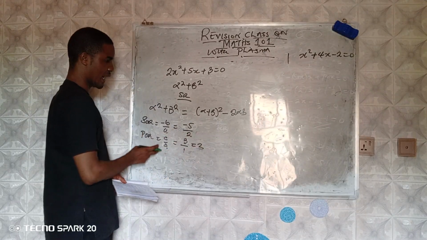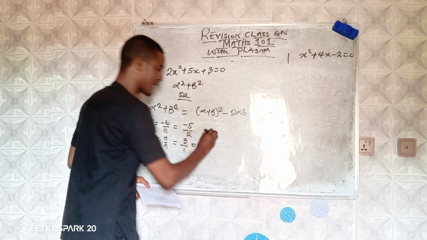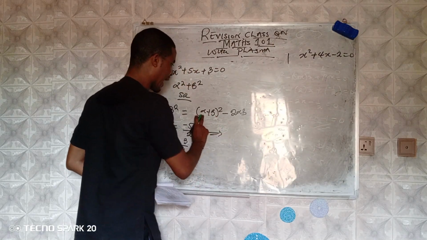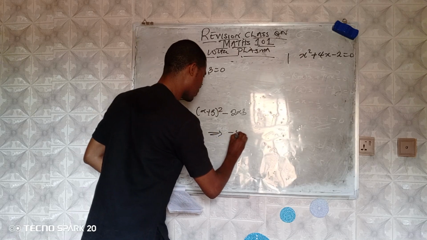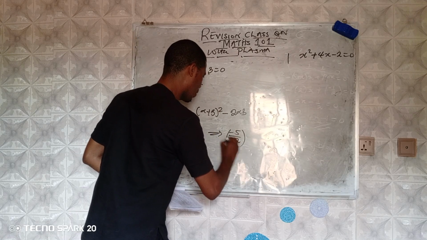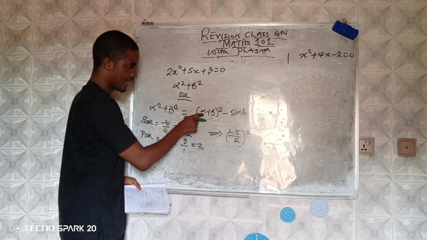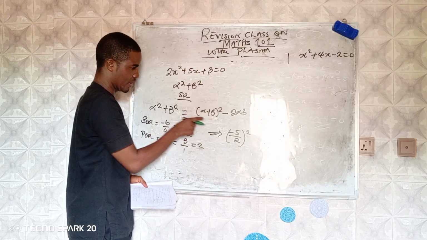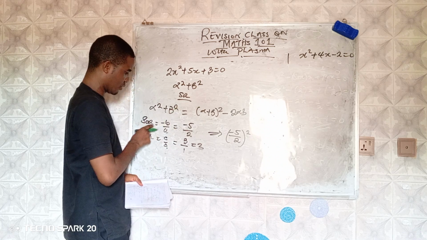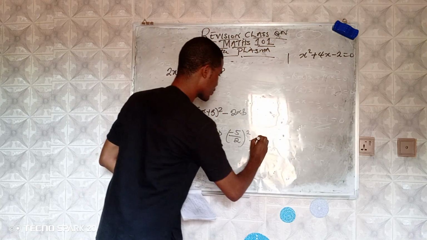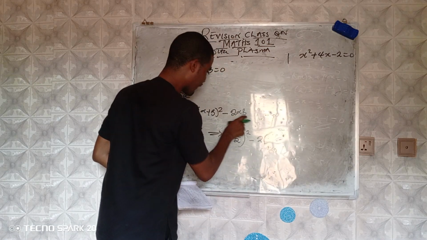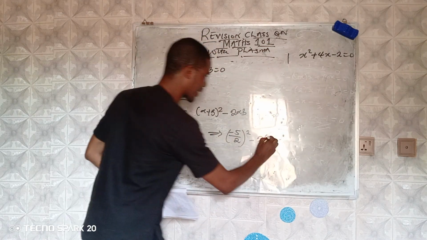So I've got my SOR, I've got my POR. Then I put the values inside here. Putting them here, I have alpha plus beta all squared, meaning SOR squared. That is minus 5 over 2 all squared. Then minus 2 into alpha beta product, which is 3.